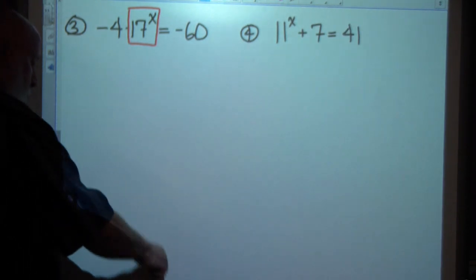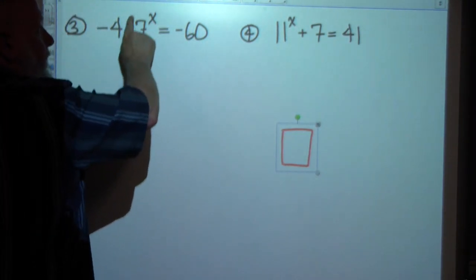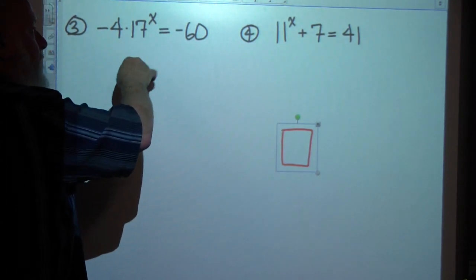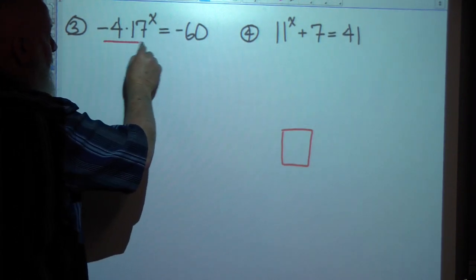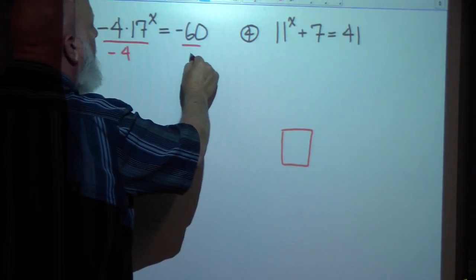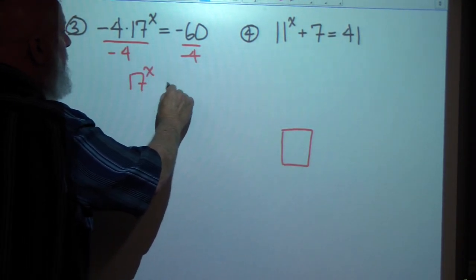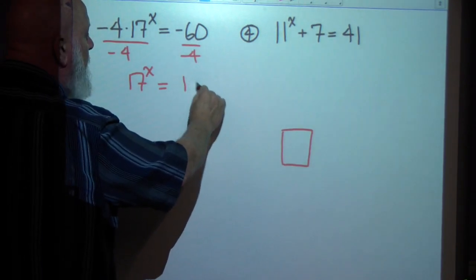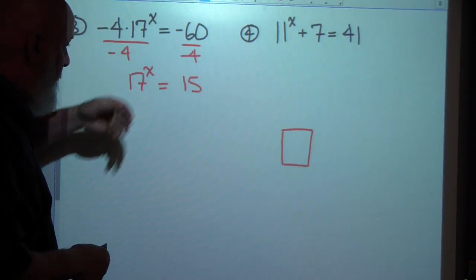So I'm going to divide both sides by -4 to isolate this term that's being raised to the variable power. So this is times, so I'm going to divide. I'm undoing a multiplied -4. This gives me 17 to the x power is equal to, what is that, positive 15? 60 divided by 4 is 15, negative divided by negative is positive.